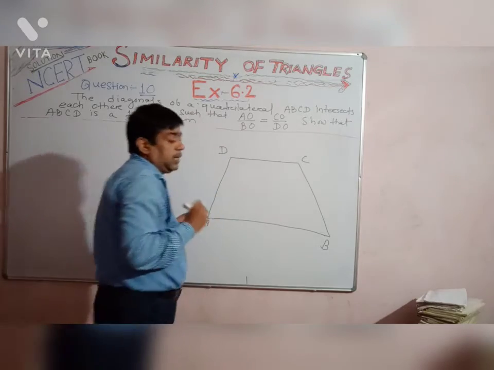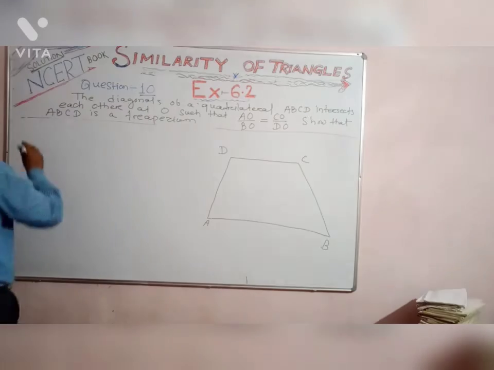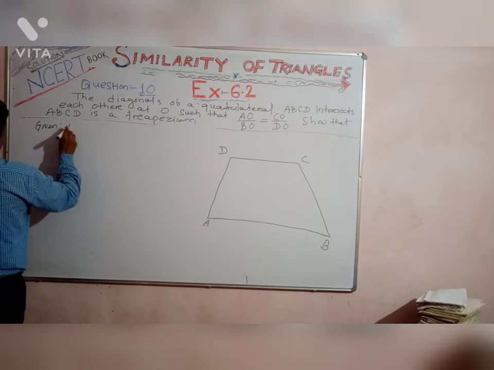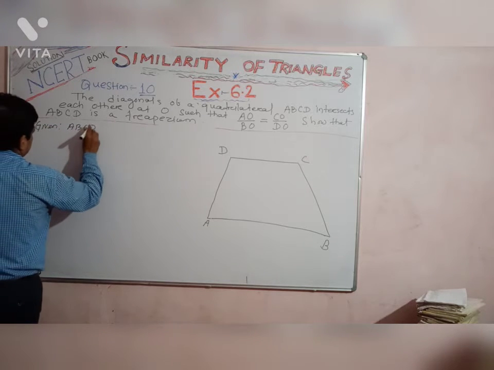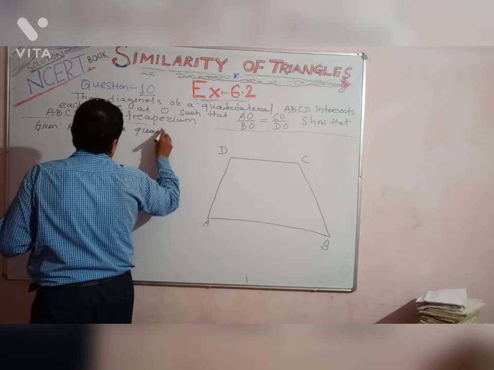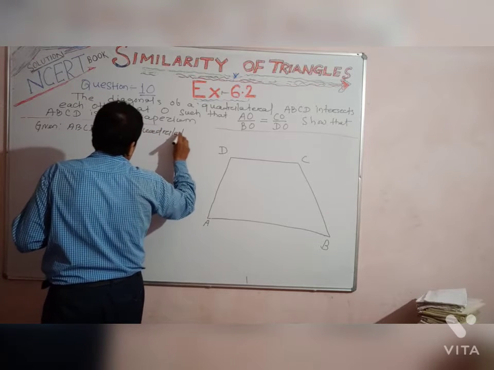And ABCD is a quadrilateral given, not a trapezium. We have to prove it. ABCD is a quadrilateral. Understand?